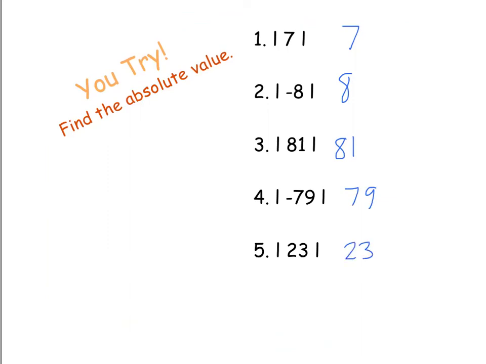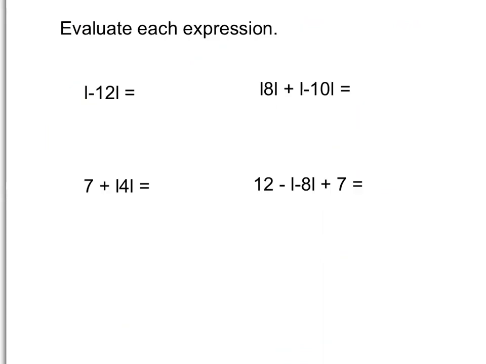These should be really quick. Let's make them a little more tricky. All right, so if I have an expression or if I have an operation to do, I'm going to do the things in the absolute value bars and then finish the problem. This first one's just asking me what's the absolute value of negative 12. That's 12. The second one, I'm going to do the absolute value of 8 and the absolute value of negative 10, and I'm going to add that together to get an answer of 18.